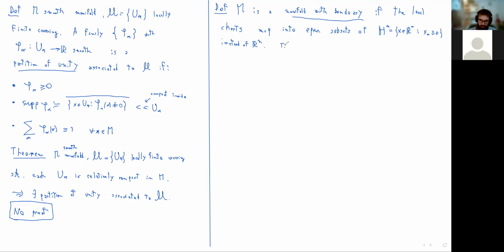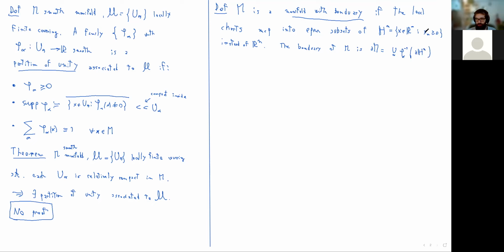And define the boundary of M, written like this, and this is just the union over alpha of the preimage of the boundary of H^n.